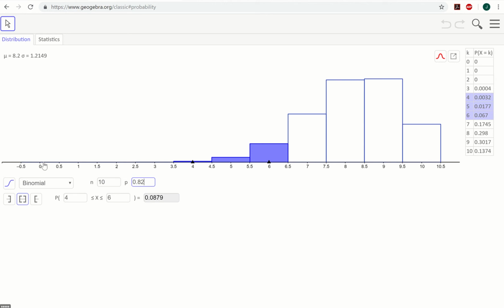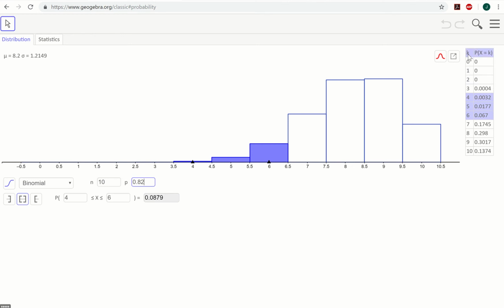So for her to make 0, you can barely see a height of a bar. There's basically nothing there. So there's this low probability because she's so good. To shoot the ball 10 times and miss all of them isn't likely for her at all. In fact, it's close to impossible. So with the distribution of the bars, you can get an idea of what's highly probable and what's less likely to occur. Along this right-hand side, it gives us this table.